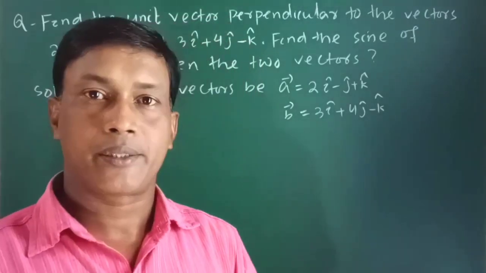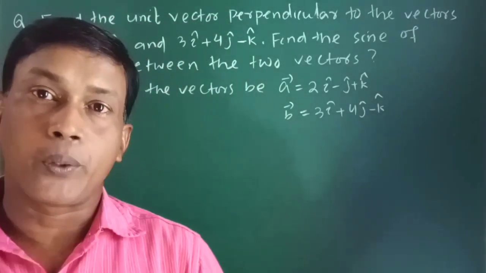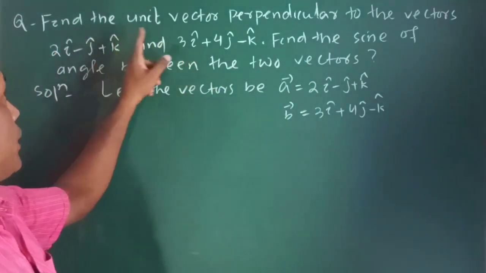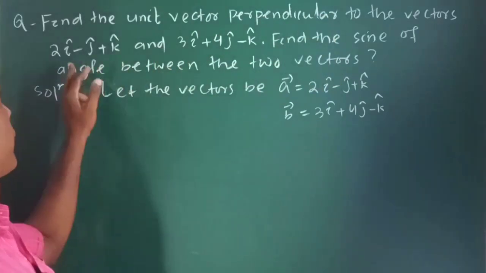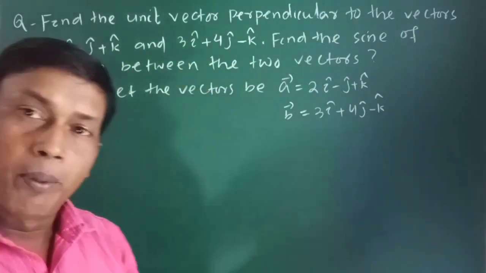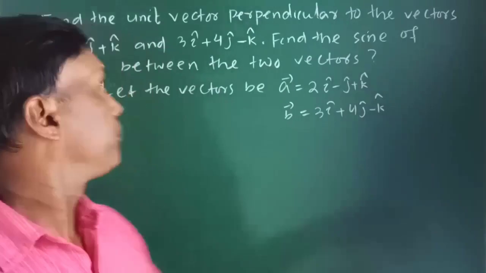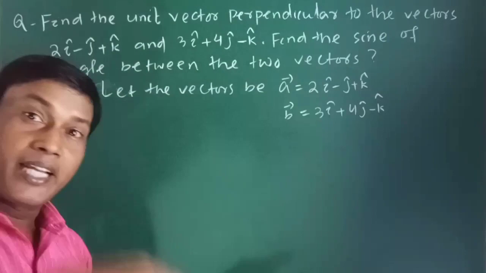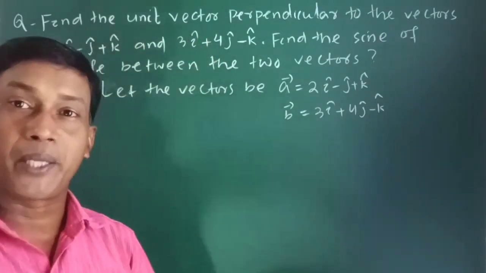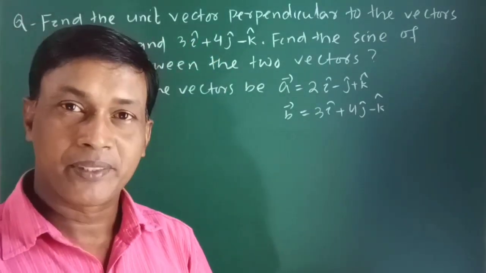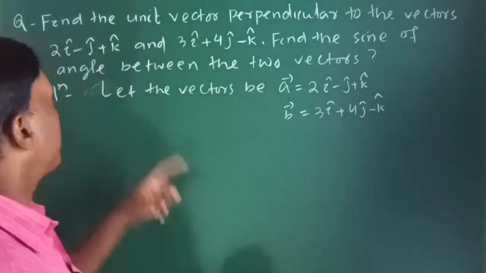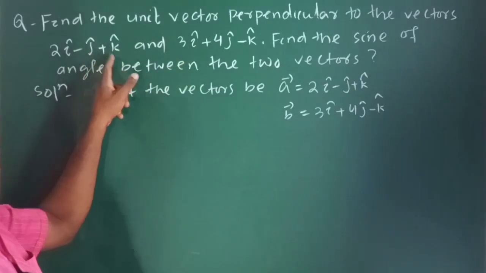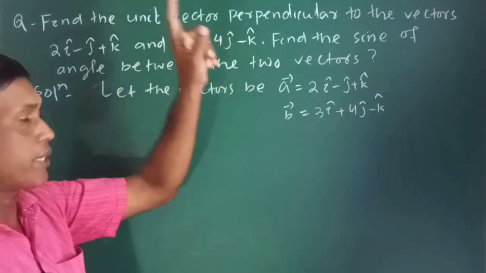Here the question is to find a vector which is perpendicular to two vectors. Find the unit vector perpendicular to the vectors 2i cap minus j cap plus k cap and 3i cap plus 4j cap minus k cap.